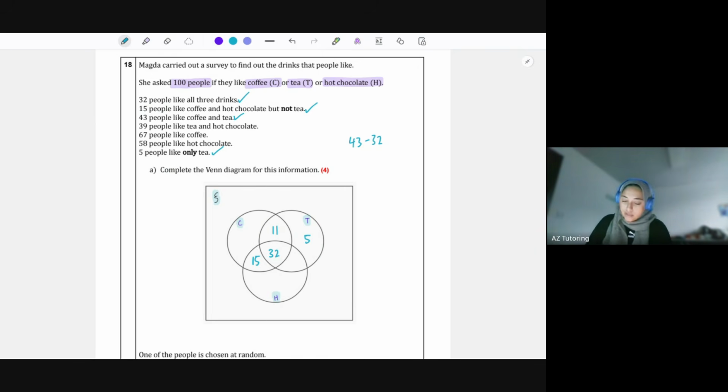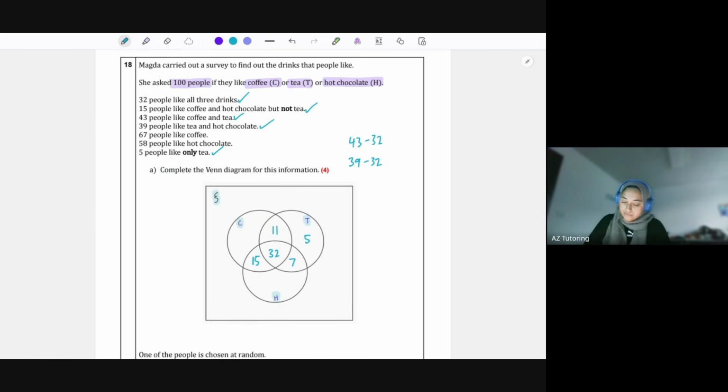Okay, that's done. 39 people liked tea and hot chocolate. So tea and hot chocolate would be this intersection right here. Again, there's already 32 there, so we need to do 39 minus 32 for that section, which just gives you 7 for that section there. Awesome. Let's tick that one off.